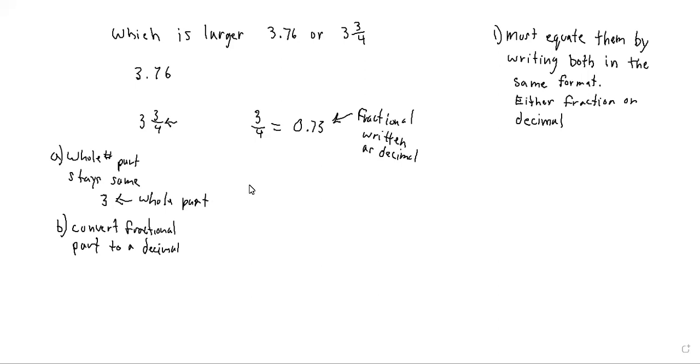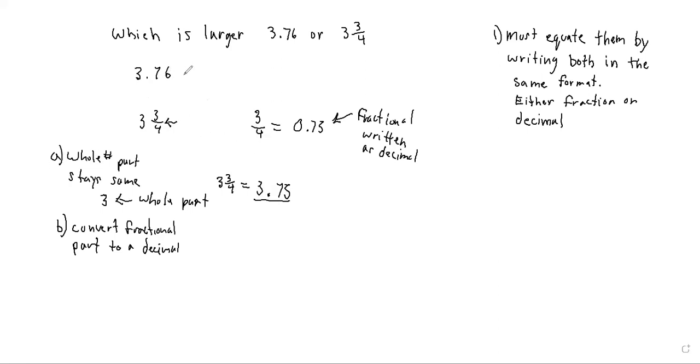Writing together, we get 3.75. So our second number, 3 3/4, equals 3.75. Make sure this is clear for you guys.